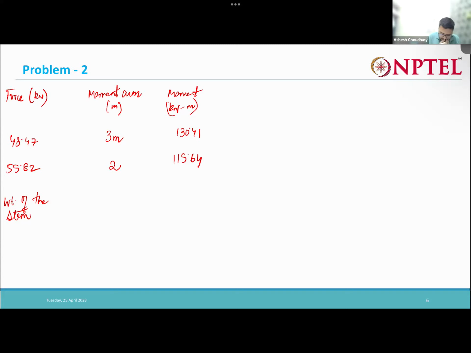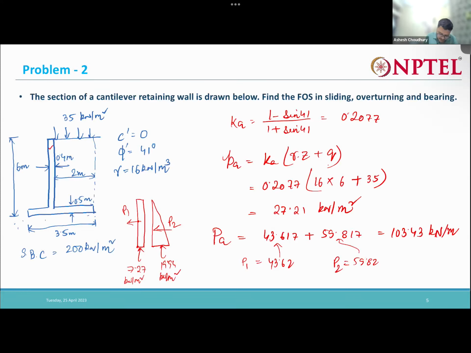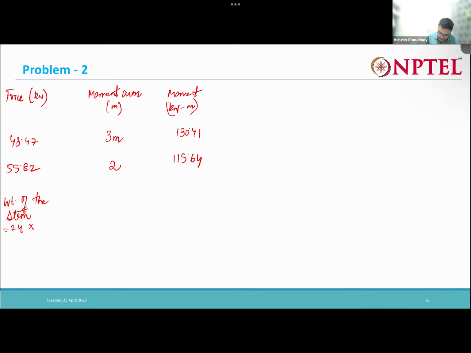So the weight of the stem is 24 into the height of the stem, 6 minus 0.5, so 5.5, into the width. The width is given as 0.4. So we get 52.8, and the moment arm is 2.2 from the heel.